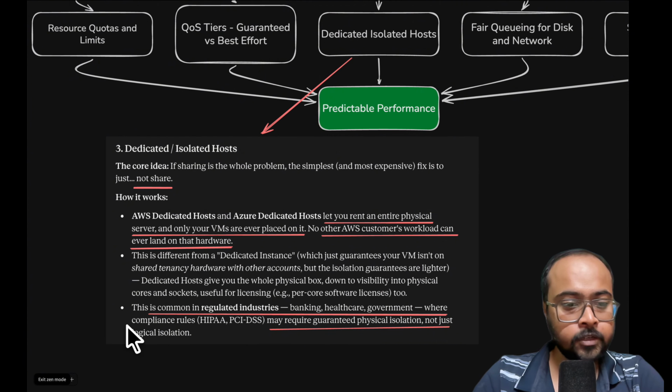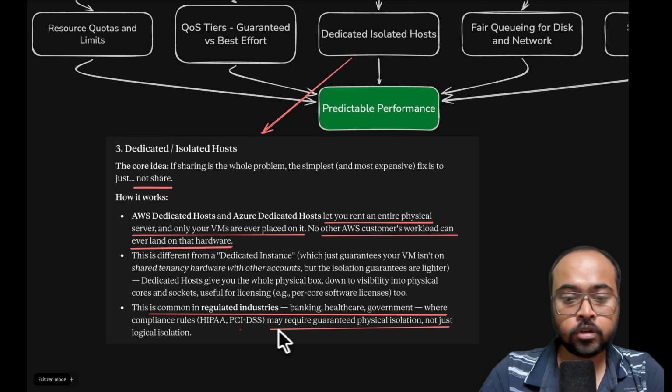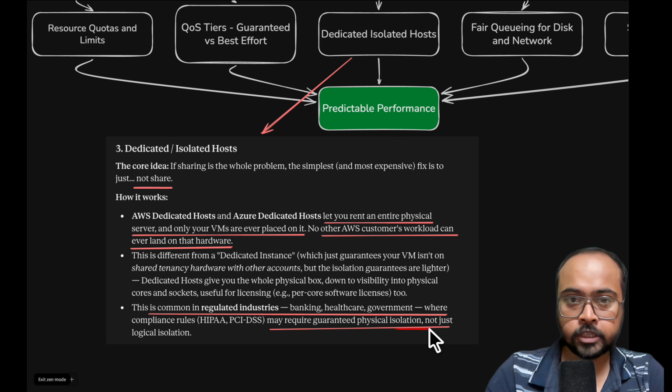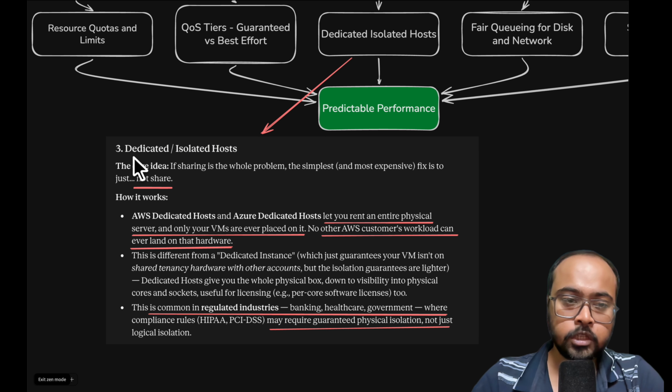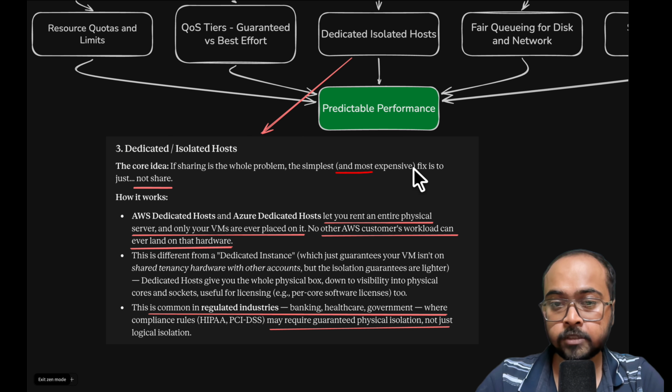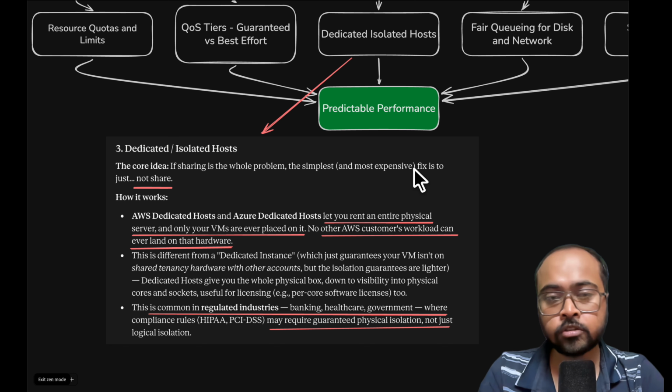You have to abide by different compliance rules, right? And it may require guaranteed physical isolation, not just logical isolation. It might also require you to keep the servers in a specific region. For those cases you can use the dedicated or isolated host, but keep in mind that this is the most expensive. The whole idea of sharing resources was to reduce the cost. That was the benefit we got by sharing resources across multiple tenants.